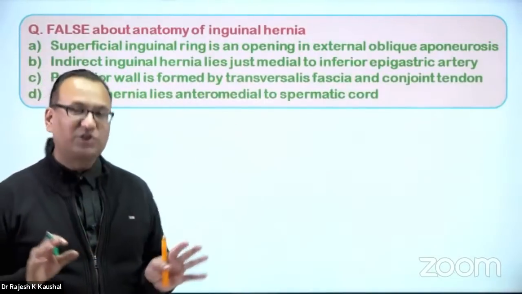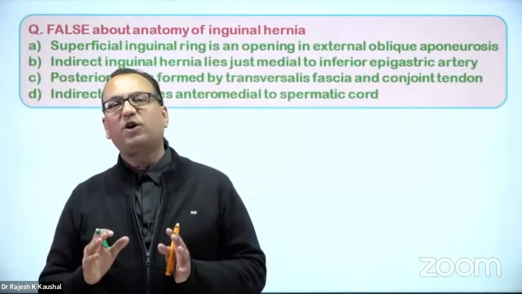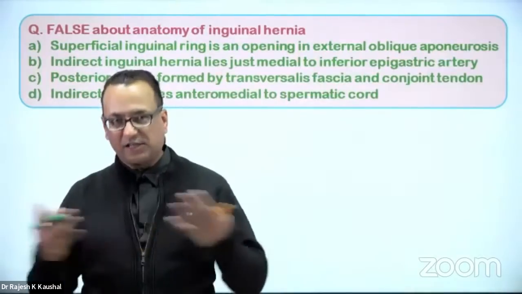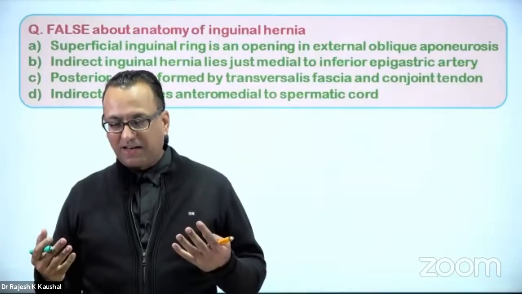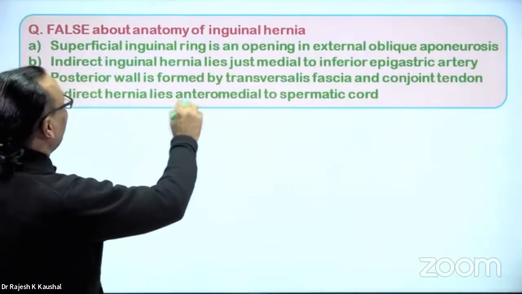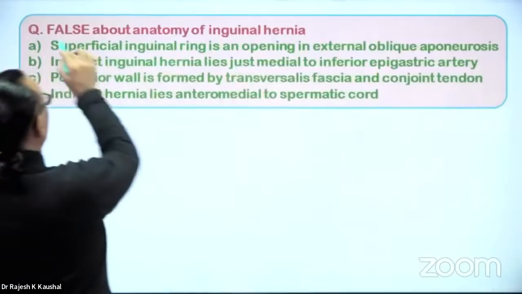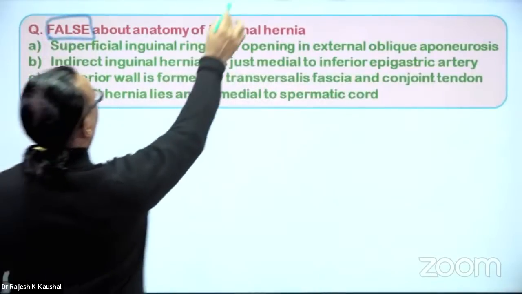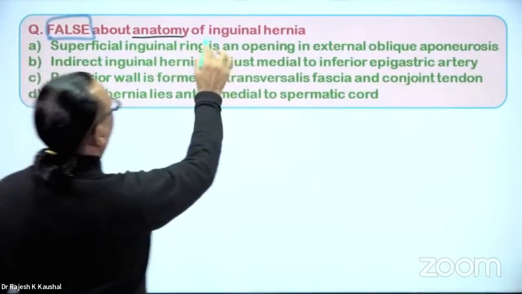Whichever questions we have taken, they are all very hot topics, latest topics, and interdisciplinary in approach. And as usual, I'll take care of the anatomy portion. It is asking us a false statement about the anatomy of inguinal hernia.